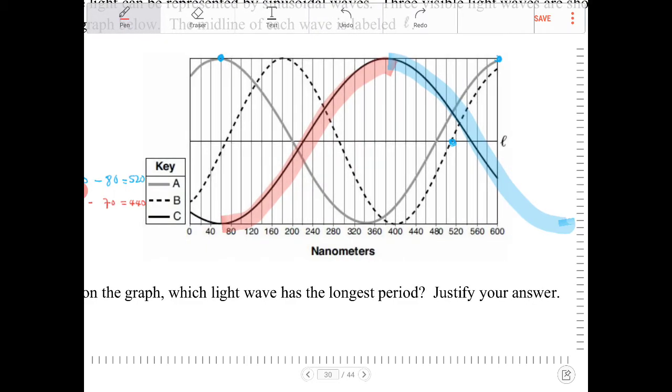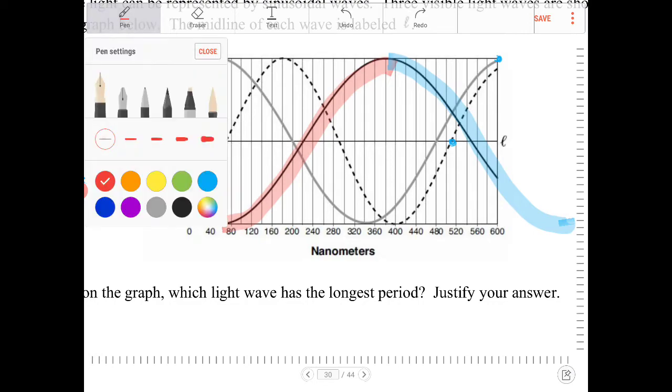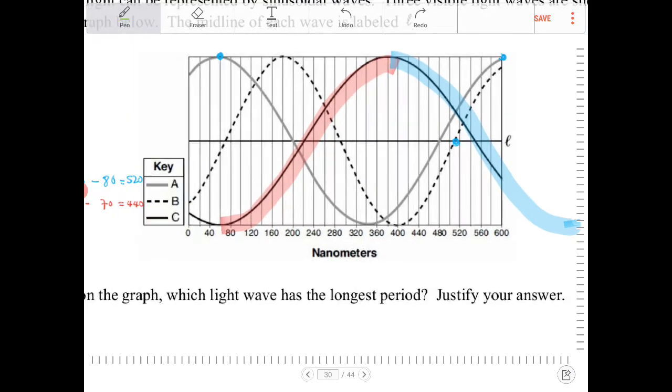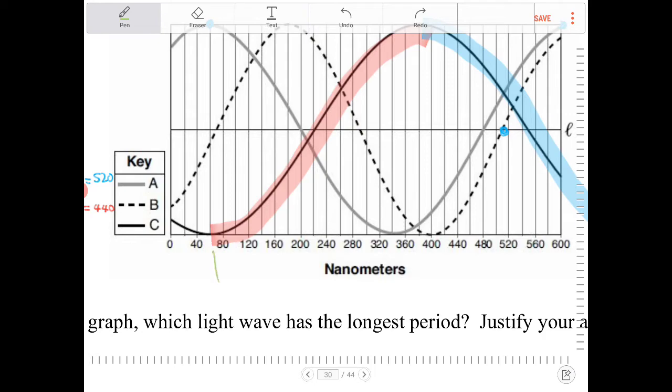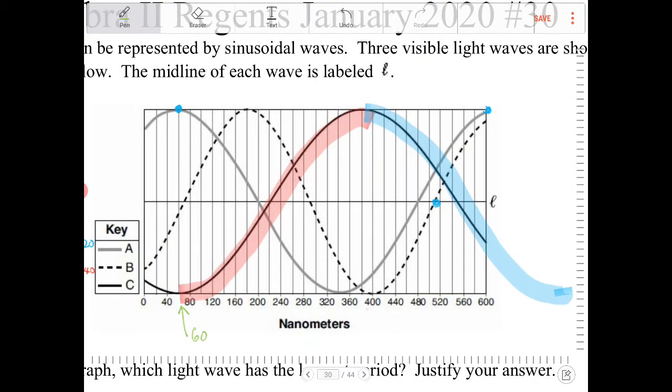So what we're going to do is be a little clever here. So that number there, that's 50, right? Or not 50, that is 60. This number over here, what is that? That is precisely 380.